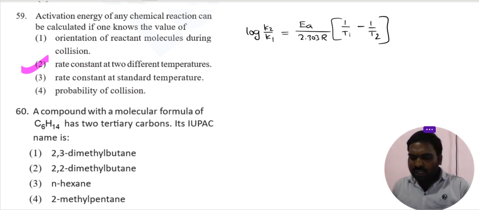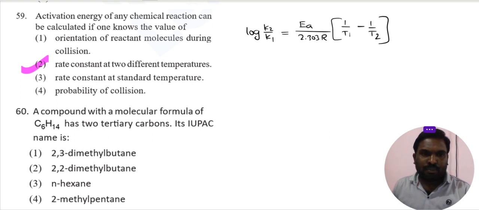If we know this equation, then Ea can be calculated if the rate constant K is known at two different temperatures T1, T2. Clear everyone? Now coming to question number 60.